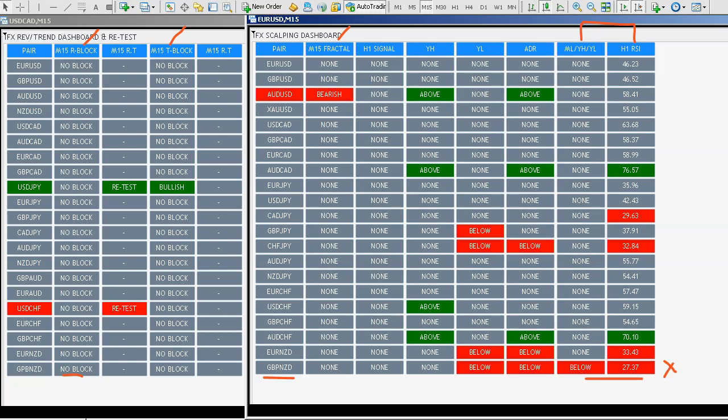No entry whatsoever. If only one of them is lit up, like right over here, we only have a couple of RSIs, that means that maybe we could wait until the market goes back to a normal state.